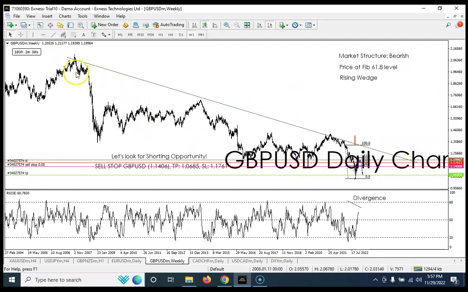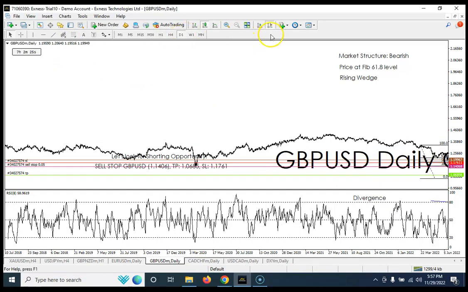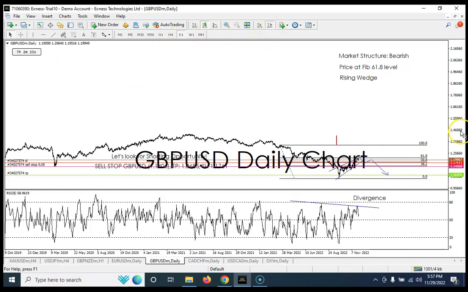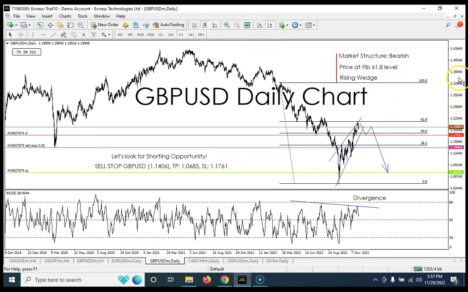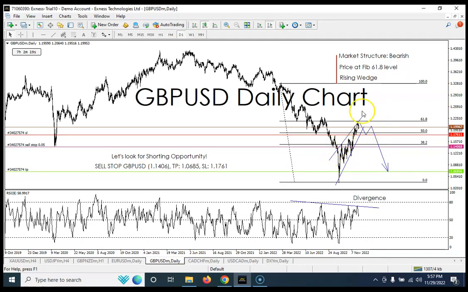So we decided to drop down to the daily time frame to look for an opportunity to the downside, and we saw this market printing a wedge here. That's a rising wedge, which is a bearish continuation signal, according to the books. So we're going to trade according to the books here.